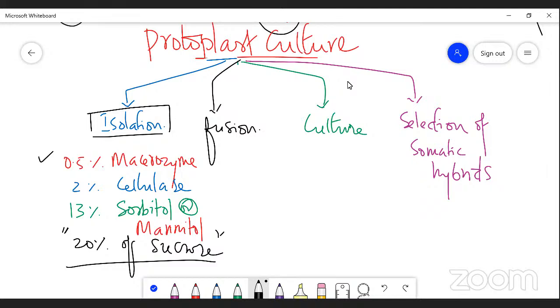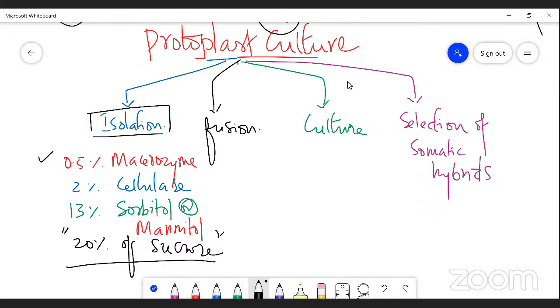We mentioned the ratio of macrozyme, which is involved in isolation. One of you, please. 0.5%. Very good. Then in addition to that, these chemical substances are maintained in a petri plate containing a mixture of chemical compounds.